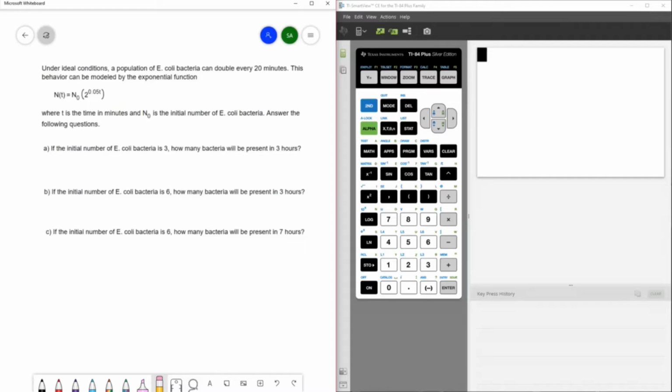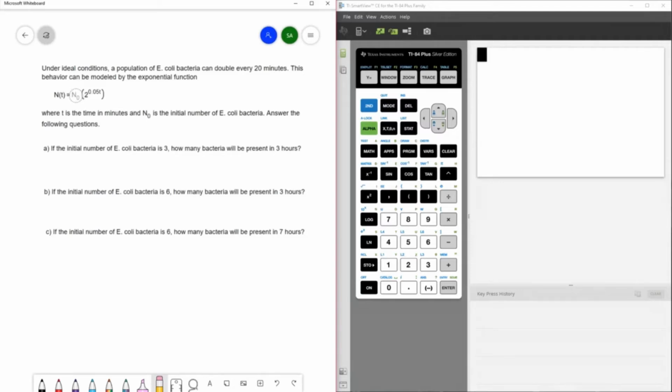So before we get started with any of the other values, let's make sure we have an understanding of this model here. N of t represents the number of bacteria after a certain period of time. N naught, or N sub 0, is the initial amount of bacteria present, so what you start with.